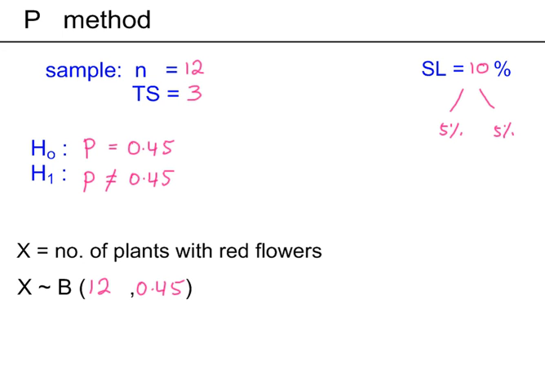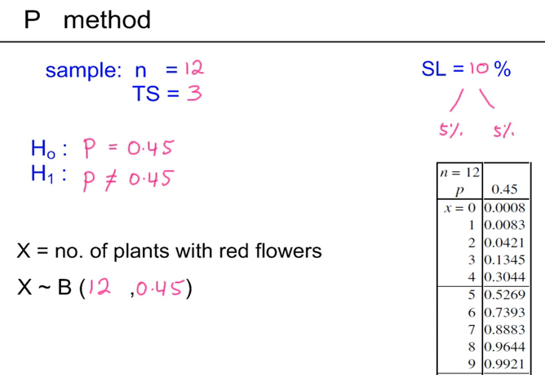Moving on to the probabilities method for doing the hypothesis test. So we have our sample size, our test value, H0, H1, the binomial distribution. We split the significance level because of the two-tailed test. The test value is 3.